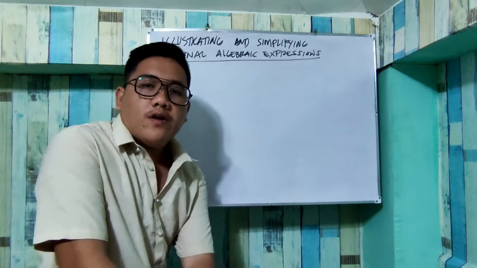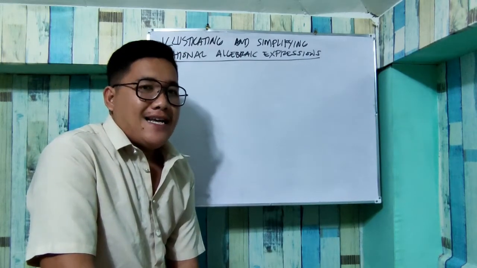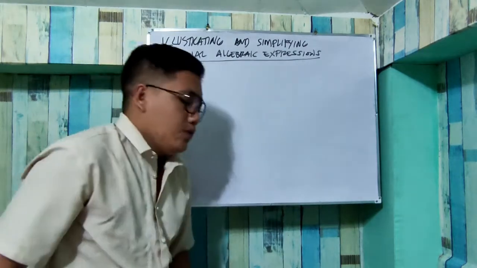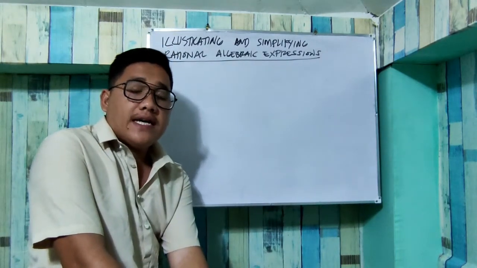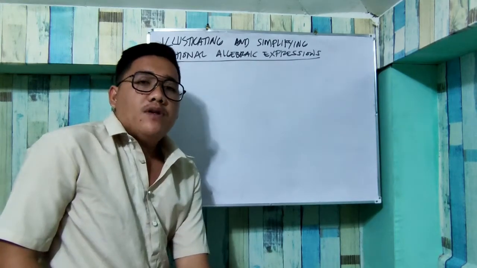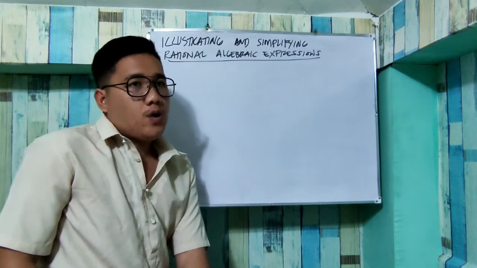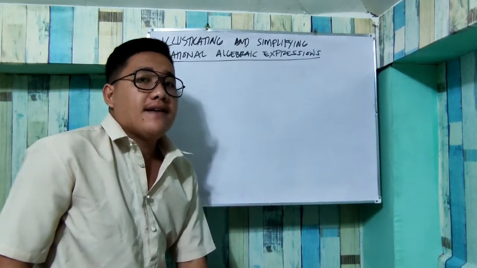So, first, we're going to factor both the numerator and denominator. Next, number 2, we are now going to divide the numerator and denominator by the greatest common factor. And the last step, multiply the remaining factor, and their product is the rational algebraic expression in simplest form.